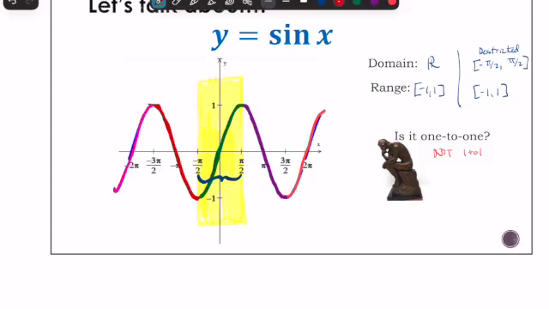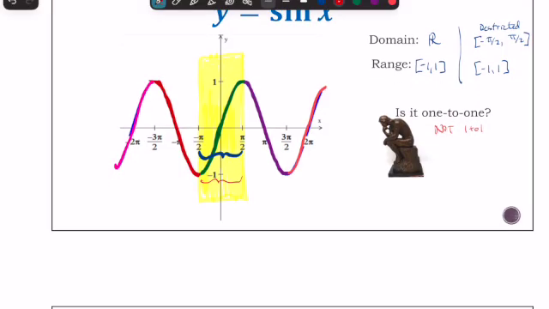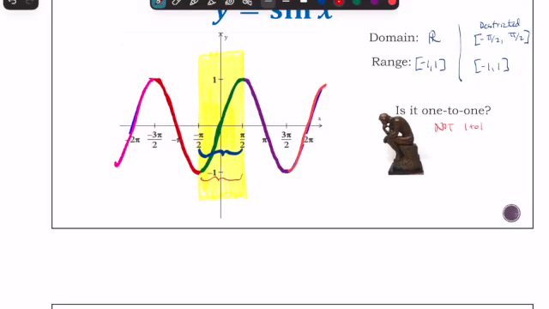I mean, we could have picked any of the other parts, but that's the one that generally we use, because that's what your calculator ends up giving you, some value between these two when you use the inverse of sine.